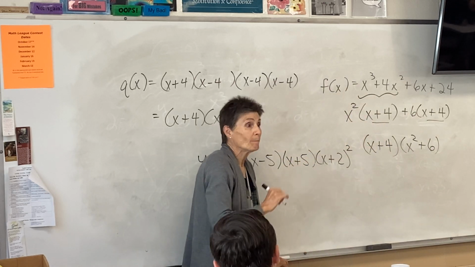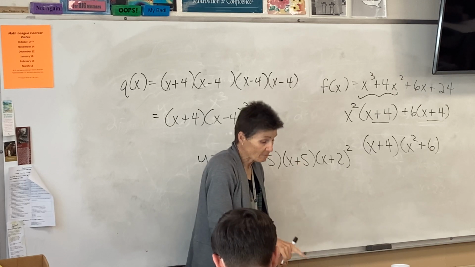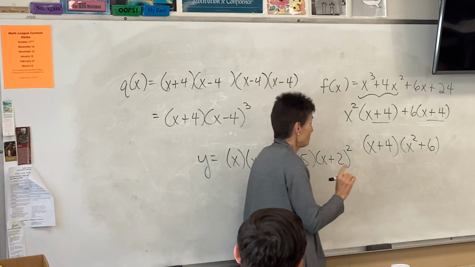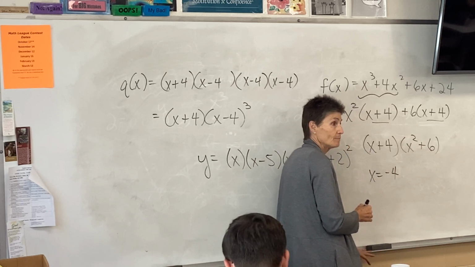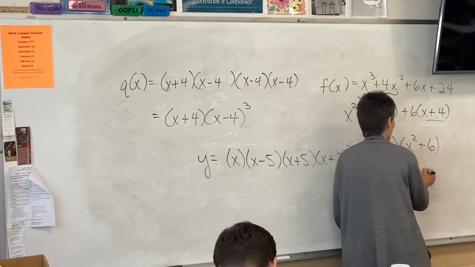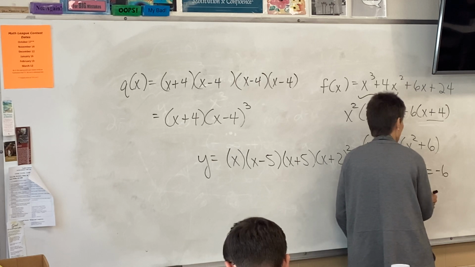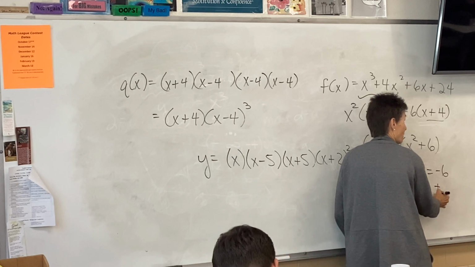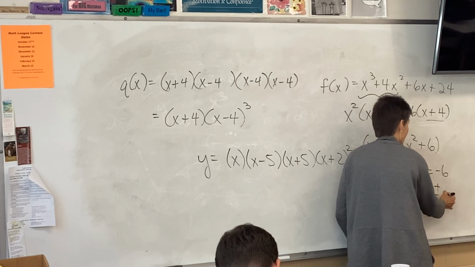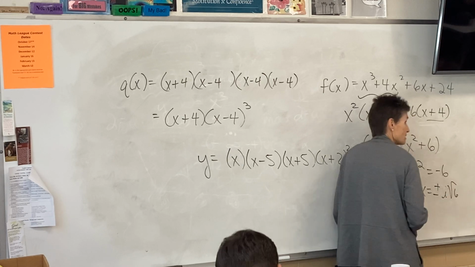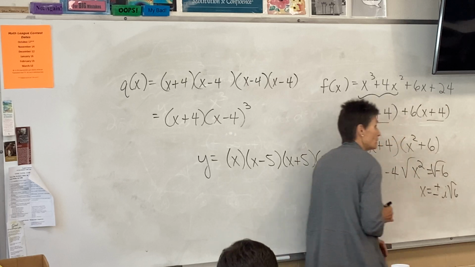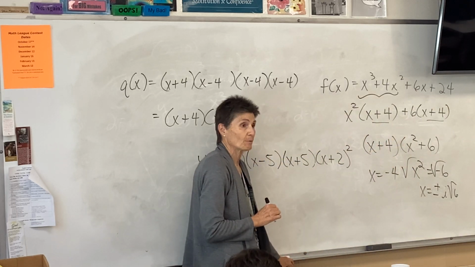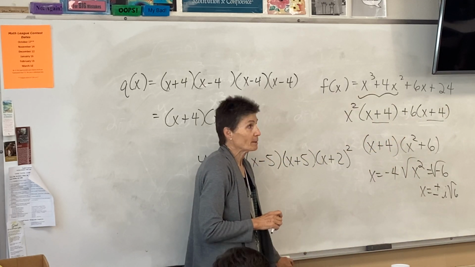Two of them are gonna be imaginary, but your job was to find them all. So one of them obviously is -4. And the other ones are going to be plus or minus i root 6. Remember, you're square rooting. Everybody okay?